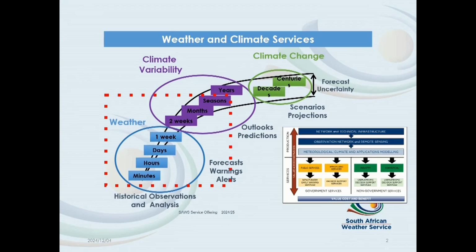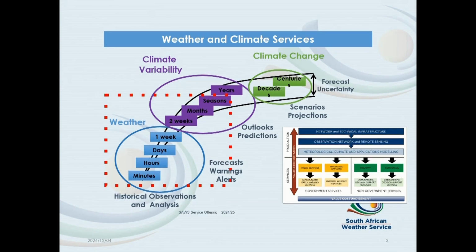So we have your government services as well as the non-governmental services. The government services include your public services and your specialized services that we issue to the government. This includes the reports, your climate risk reports, climate change adaptation reports, and all of that, as they are needed by the government, because we are the technical wing of the Department of Environment, Forestry and Fisheries.